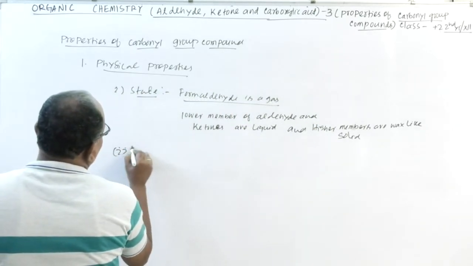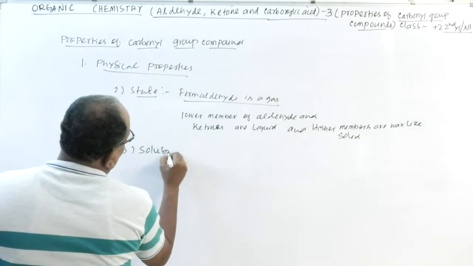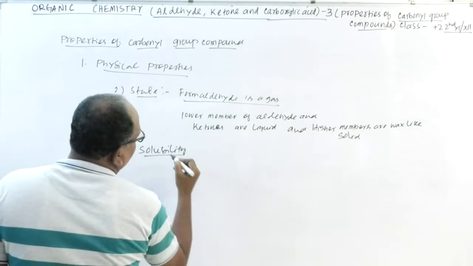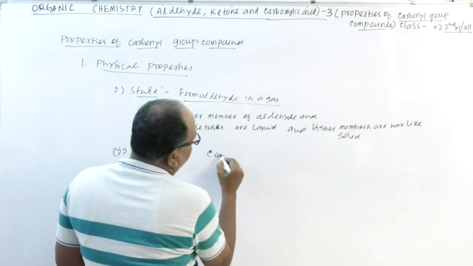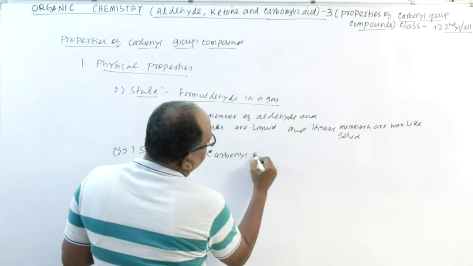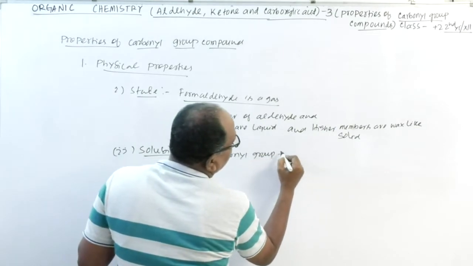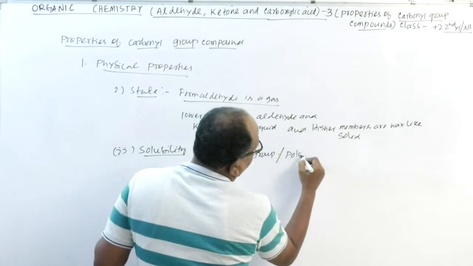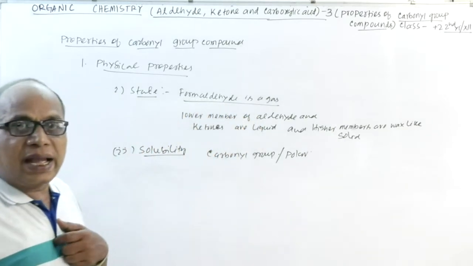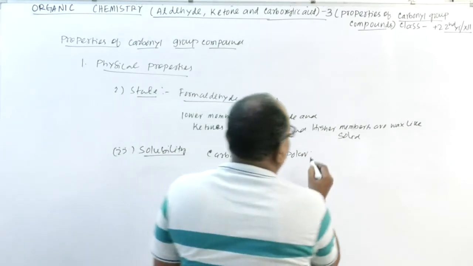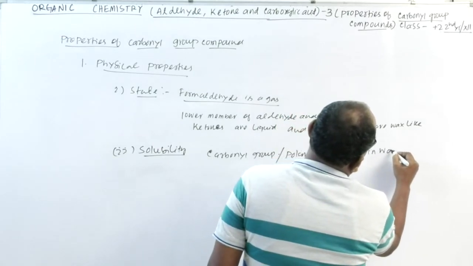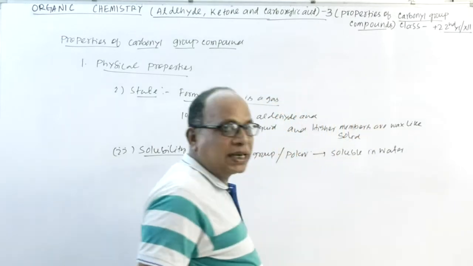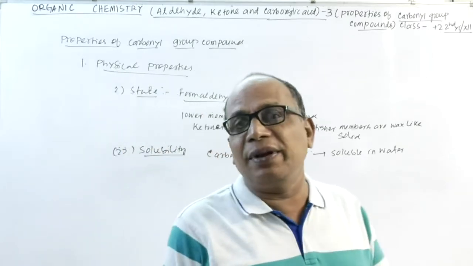Second, come to solubility. The aldehyde and ketone possess a carbonyl group and it is polar. As it is polar, they are soluble in water. That is, slightly soluble, sparingly soluble in water.